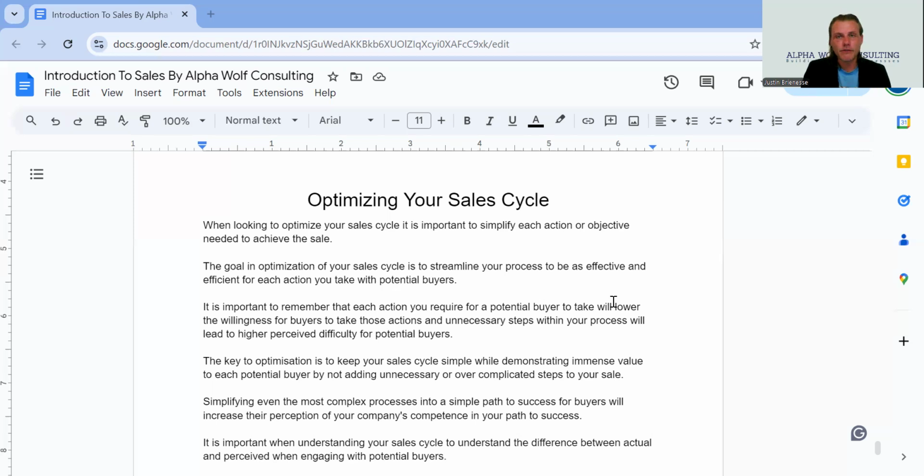We have to know the most effective marketing, in terms of text-based and email-based reminders and things like that. We have to understand show rates. There's no point trying to optimize our sales cycle if our sales cycle isn't working, if it's not effective. So when we're optimizing, we're looking to take something that is good and make it amazing.